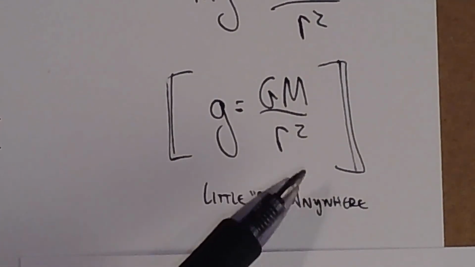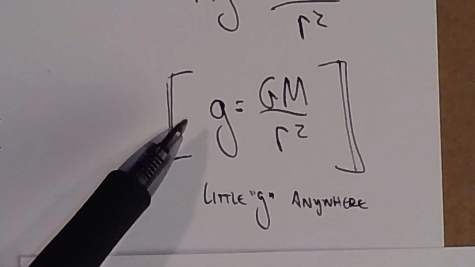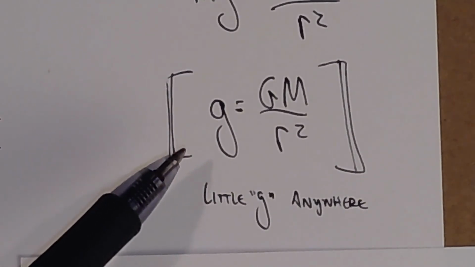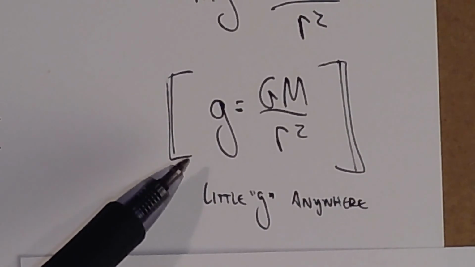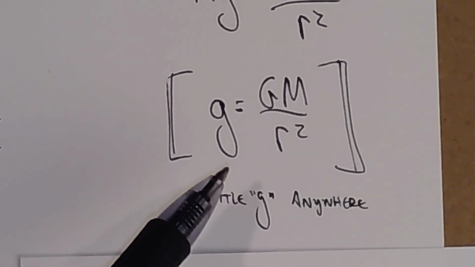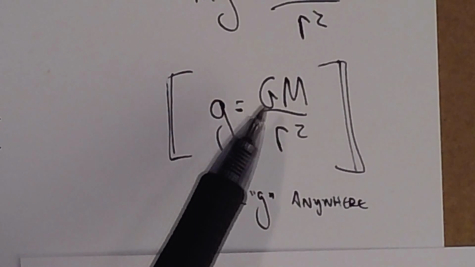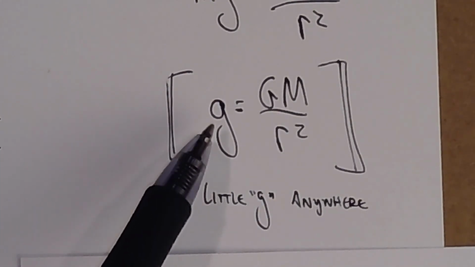If you get further away from the Earth's surface, that could be little g on the moon. It could be little g on an asteroid somewhere. Technically, you could find the gravitational acceleration of yourself if you curl into a tiny ball. Regardless, we're used to g working out to be 9.8 meters per second squared, but that's for a general average value on Earth. Now, again, if we plug in the default values for Earth for its mass and radius, we'll end up with the g that we would expect to see.